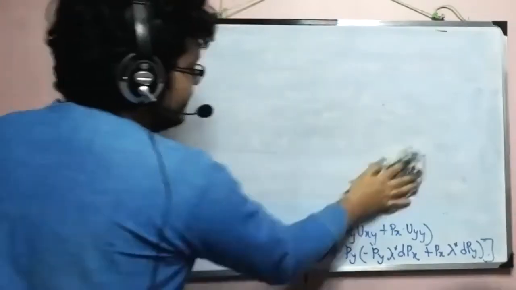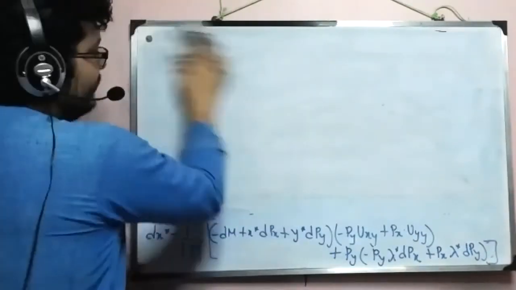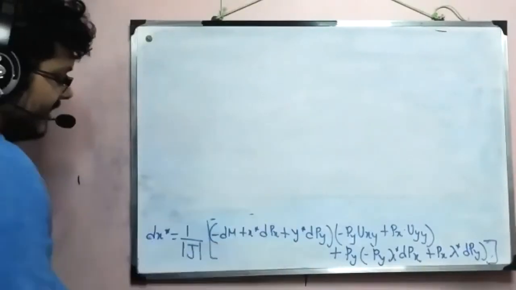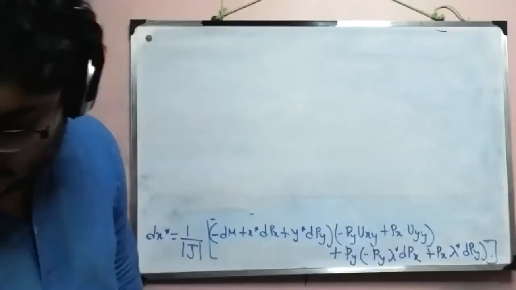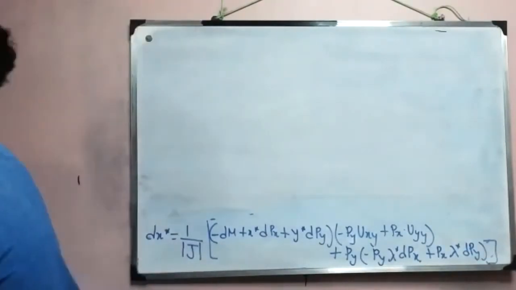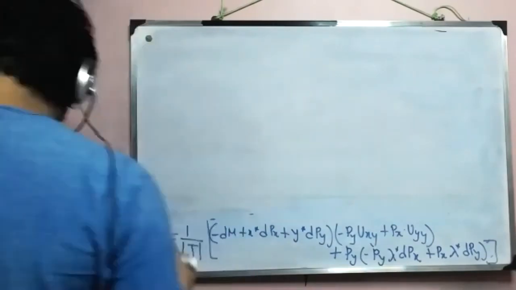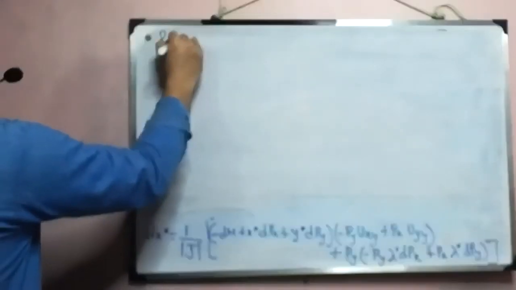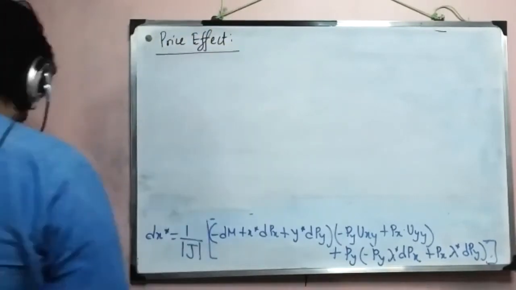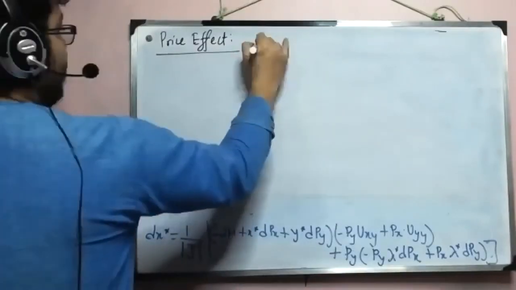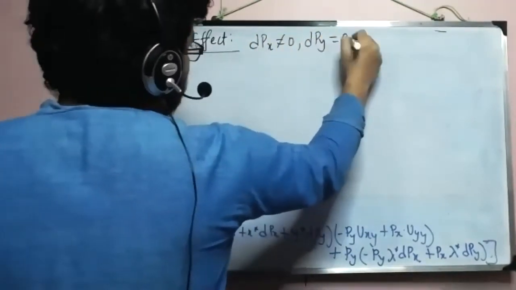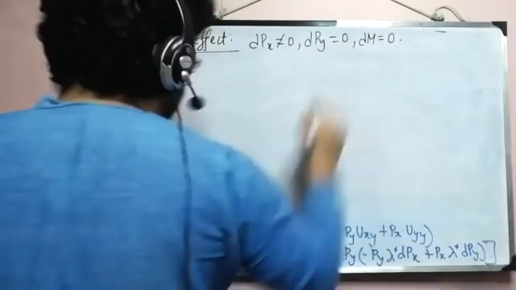So price effect basically says that if the price of, here since we are talking about x and px, if px changes, what happens to the Marshallian demand? So price effect. Now what do we have here? Here we have dpx non-zero, dpy 0, and dm 0.